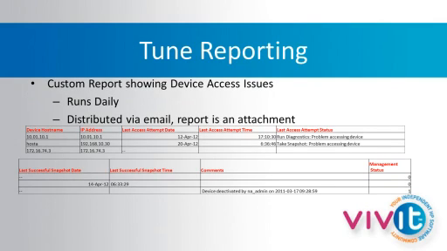Here I just have an example of one of our custom reports that shows device access issues. Pretty basic, but it really shows key information. This goes out to the appropriate engineers for set devices or set subnets. It shows all device access issues, the nature of the issue, and the duration of the problem.